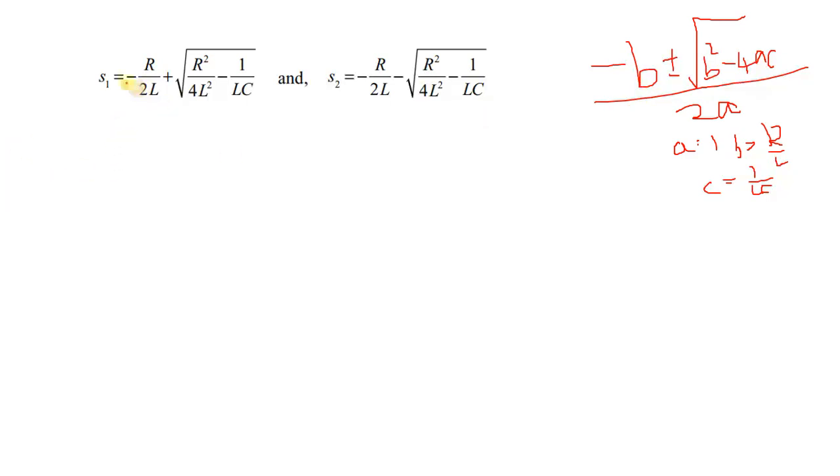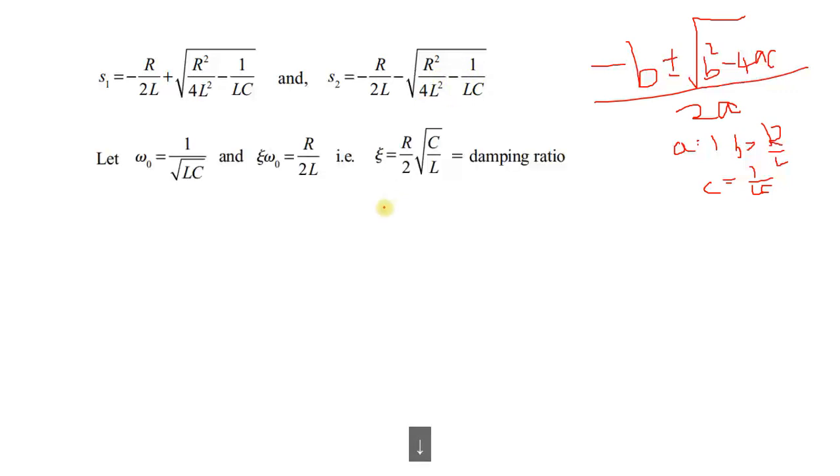Minus b is R by L and 2a is 2 by 1, so it is replaced. My first root is minus R divided by 2L plus square root of R square divided by 4L square minus 1 by LC, and my second root is minus R by 2L minus square root of R square divided by 4L square minus 1 by LC. These are the two roots.